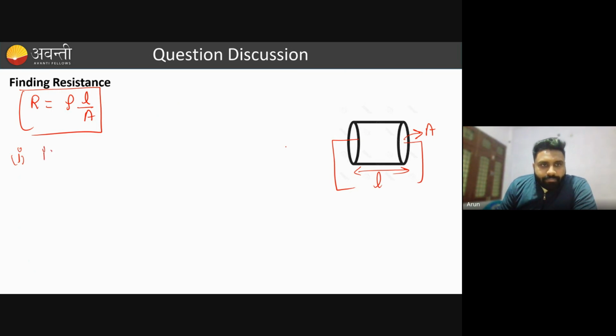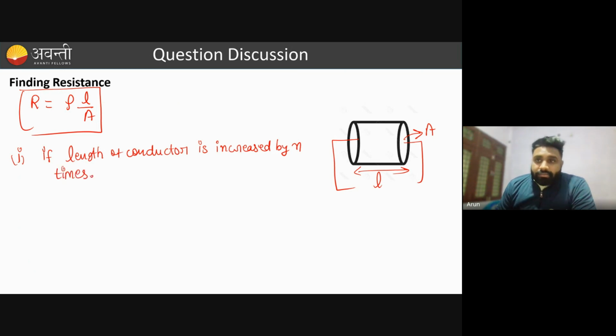If the length of a conductor is increased by n times, you will see in the relation that the resistance will also increase.